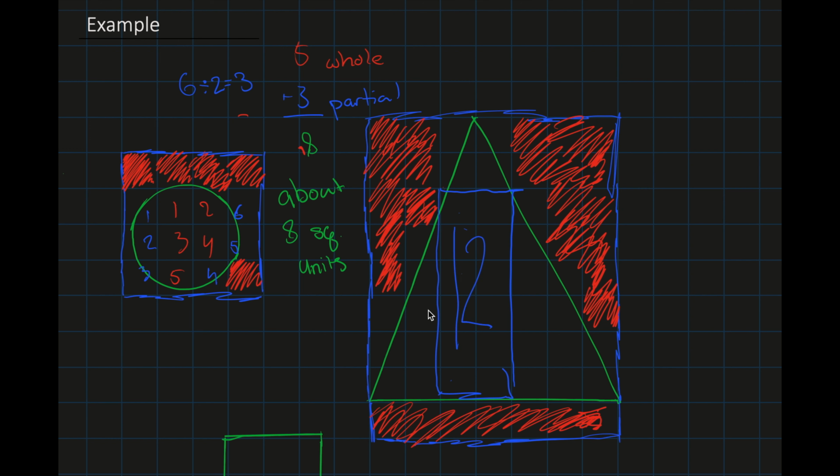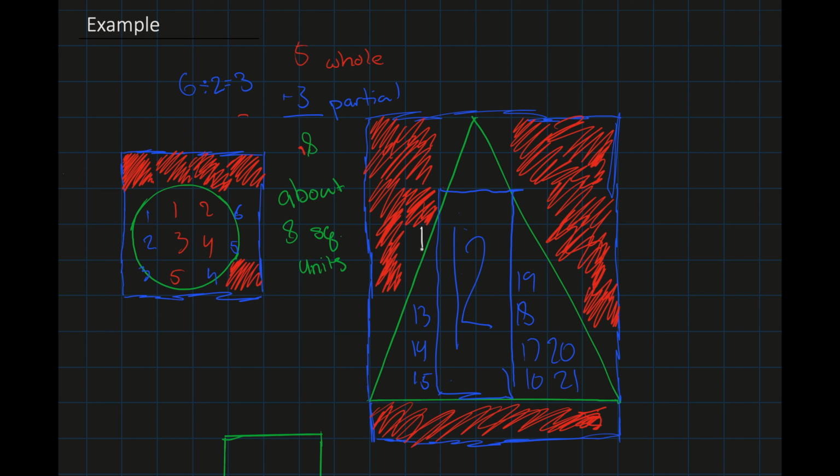Then you have 13, 14, 15, 16, 17, 18, 19, 20, and 21. Okay, now we gotta find the partial ones. For partial, I'm gonna color them in with white because it might get a little confusing here.